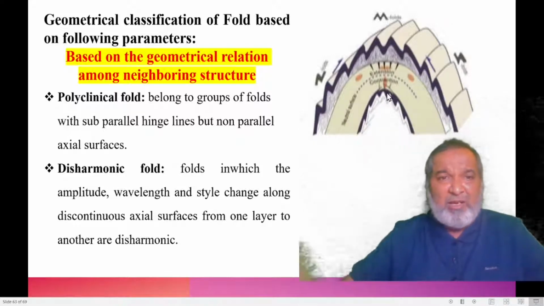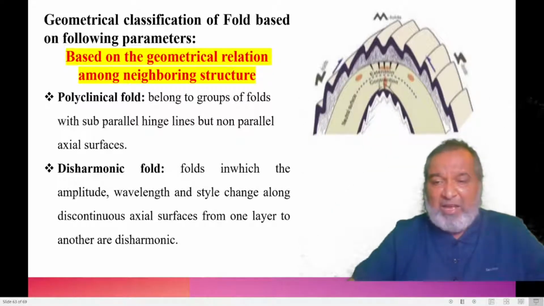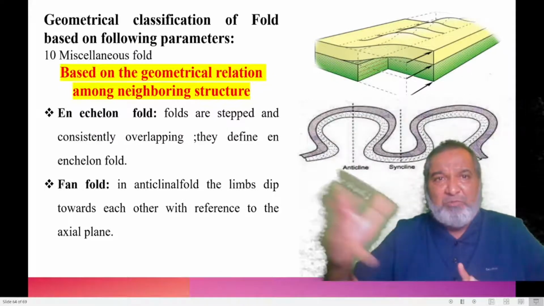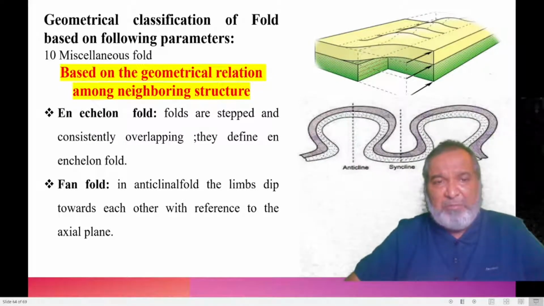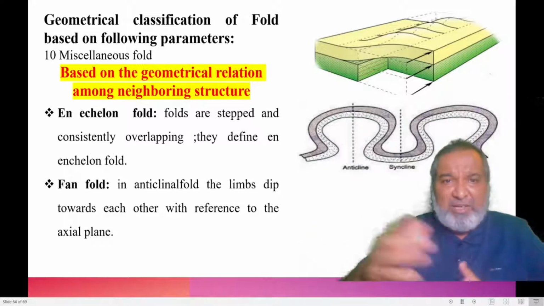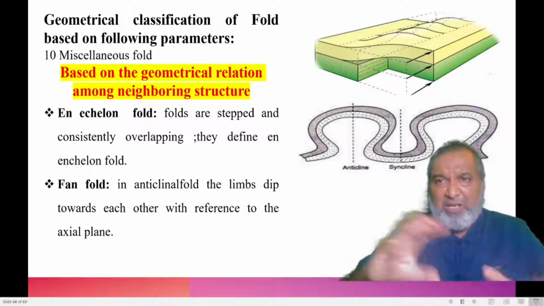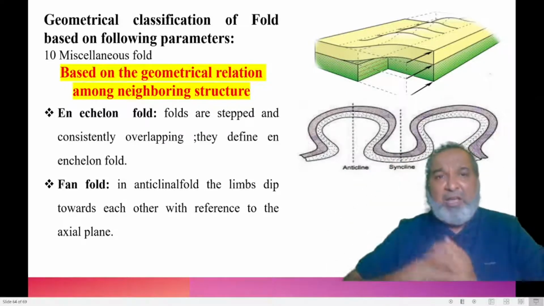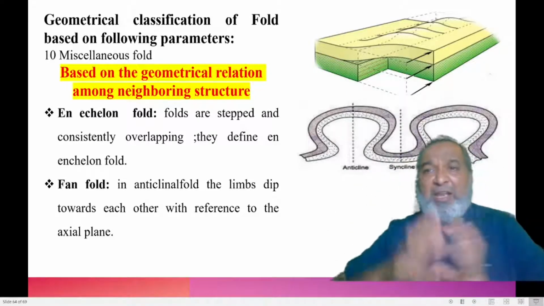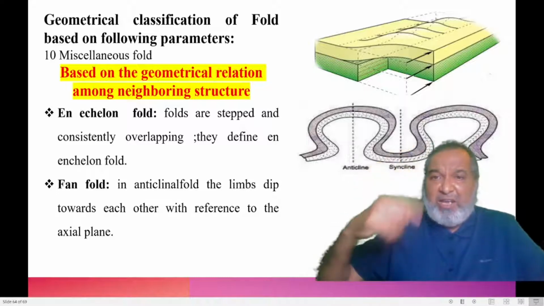That will be called polyclinal. And disharmonic, as you find, there will be changes in that. Then en echelon folds, that is the steeply overlapping ones. The direction of these forces is changed and there will be overlapping, and due to this overlapping we get en echelon folds.